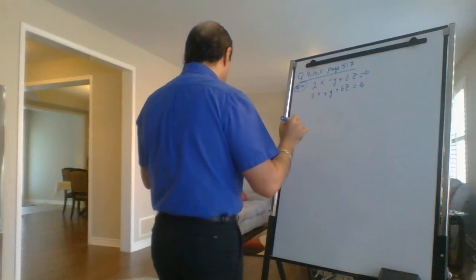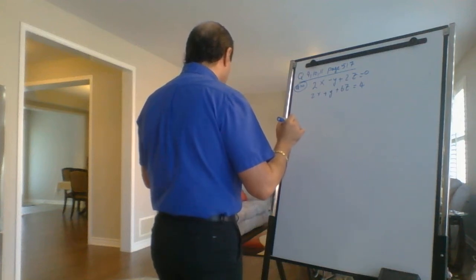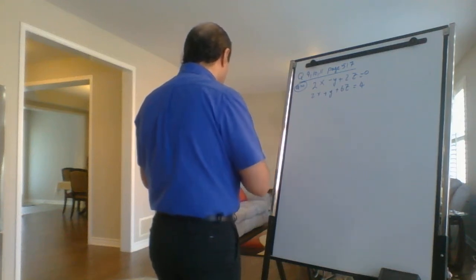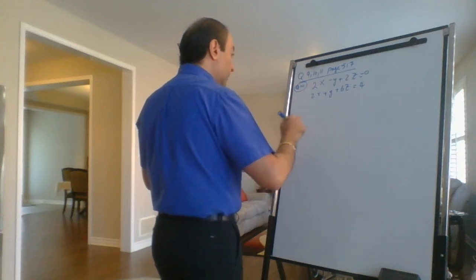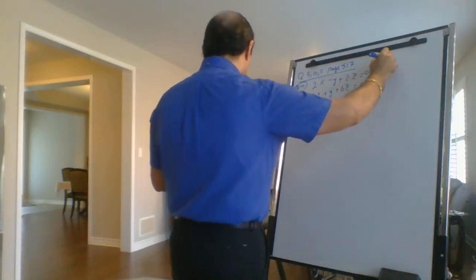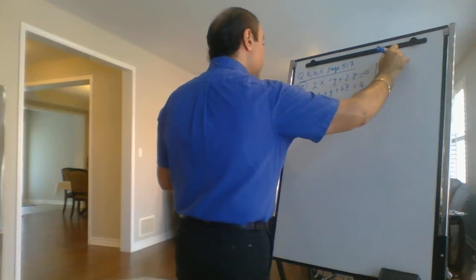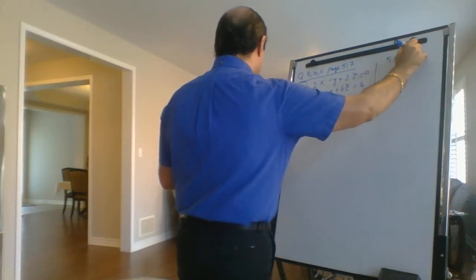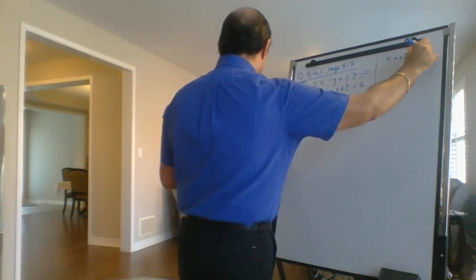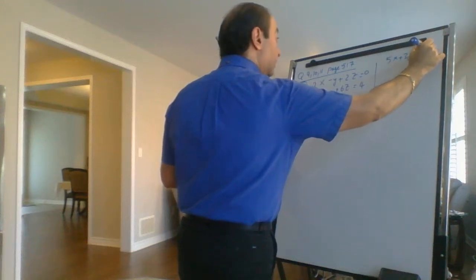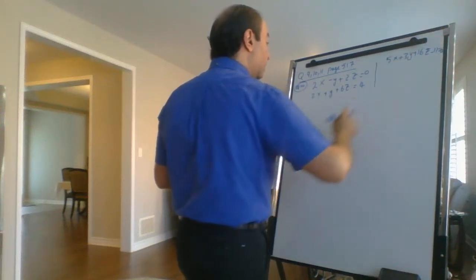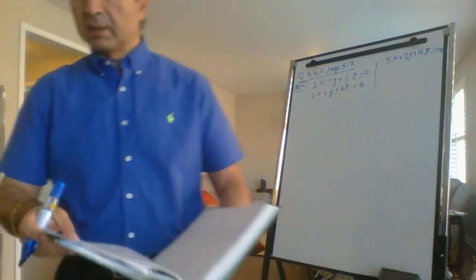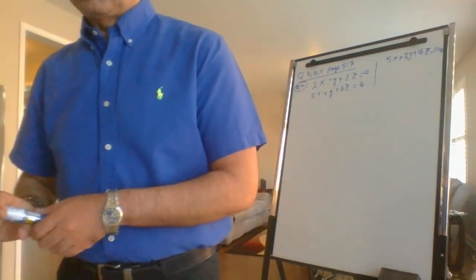Show that the line of intersection of these two planes lies on the plane with the equation 5x plus 3y plus 16z minus 11 equals 0. So the first thing we need to do is to find the equation of the line of intersection.